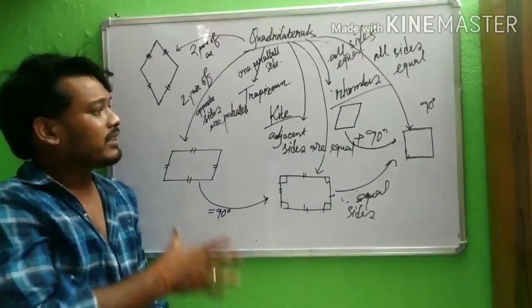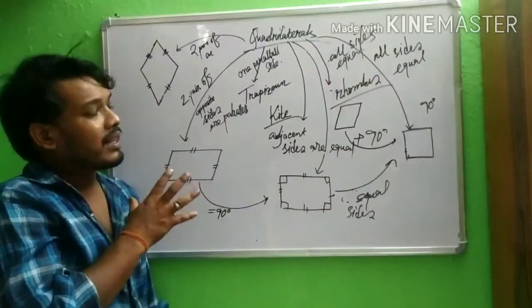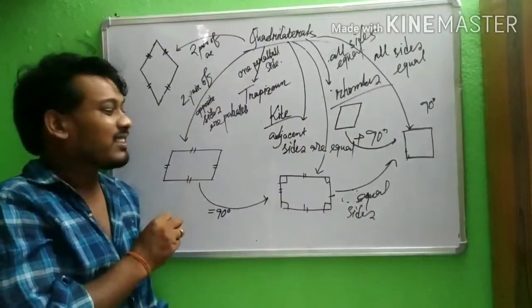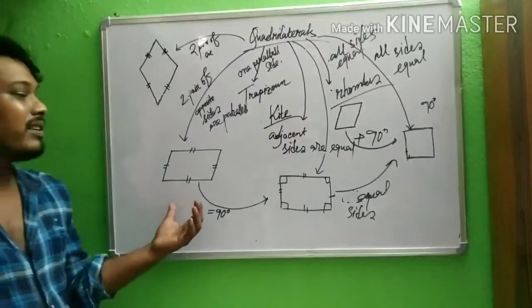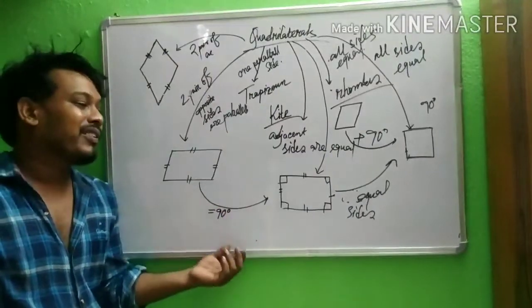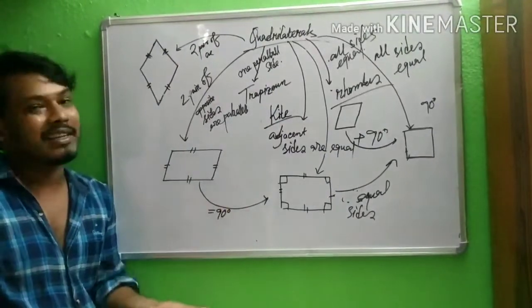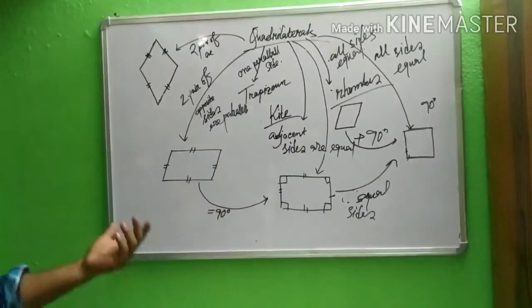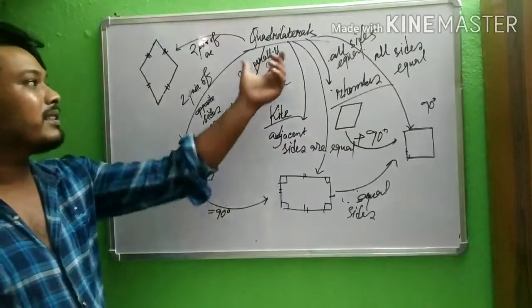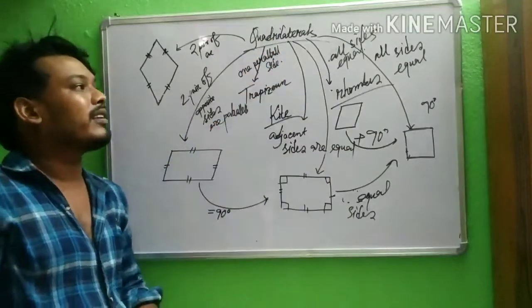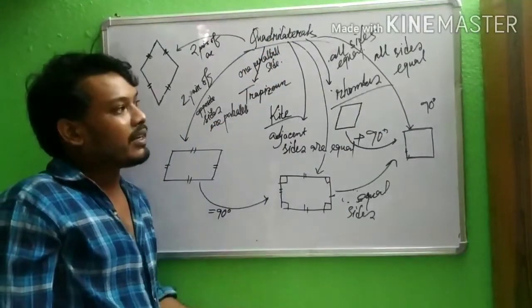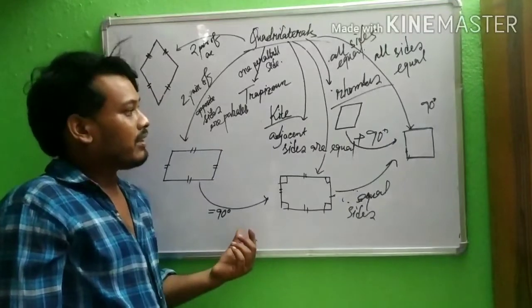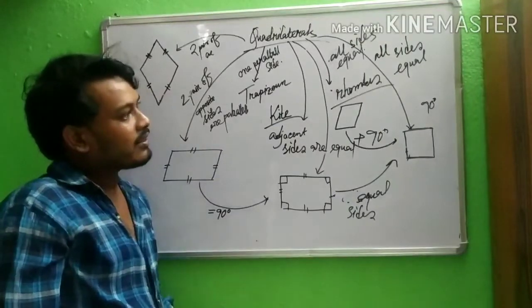But these definitions are very important. Not the definition, this concept. If you have the concept about this, then you can easily give the definition. And these things are not directly related to the chapter on quadrilaterals, but I think they are very important. That's why I discuss these things here.